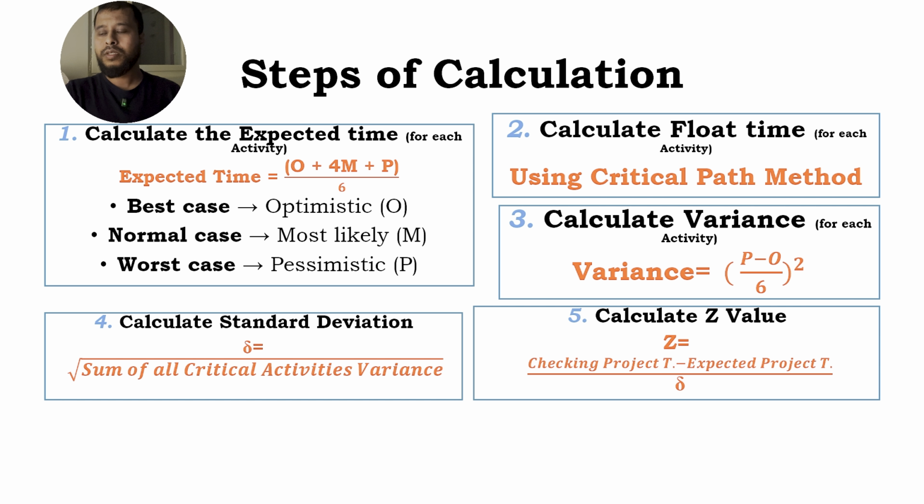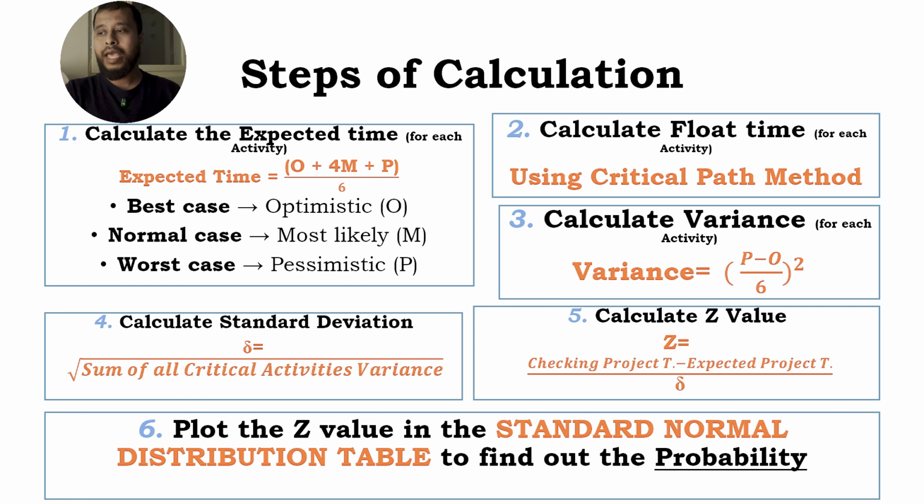Z value is the given deadline minus the expected project time that we have calculated by the critical path method, divided by the standard deviation. After that, we can look up that Z value in the standard normal distribution table to find out the probability of finishing the project in the given time limit.